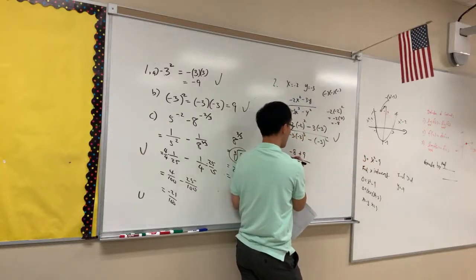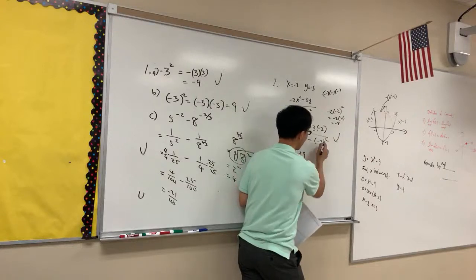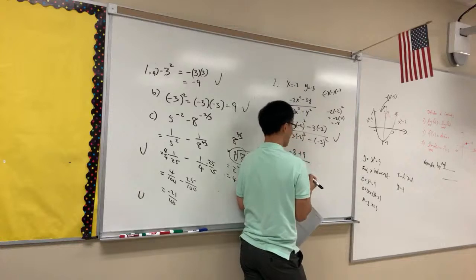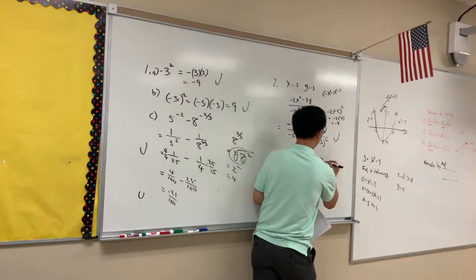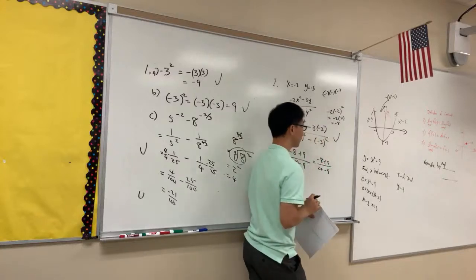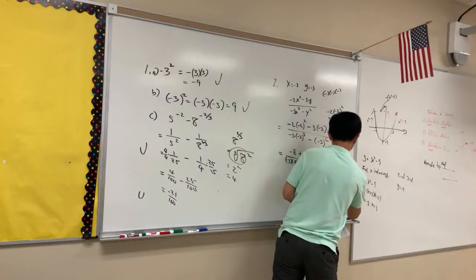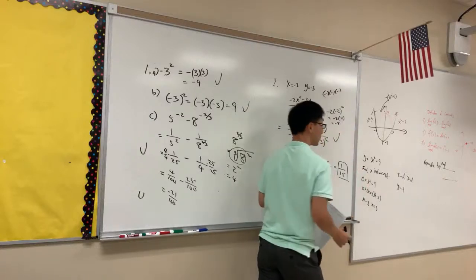So that's equal to -8. And minus -9, because that's positive 9. So that's equal to -8 plus 9 over 24 minus 9. And that gives you 1 over 15, and that's my final answer.